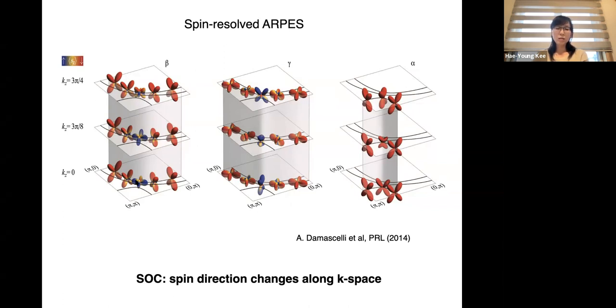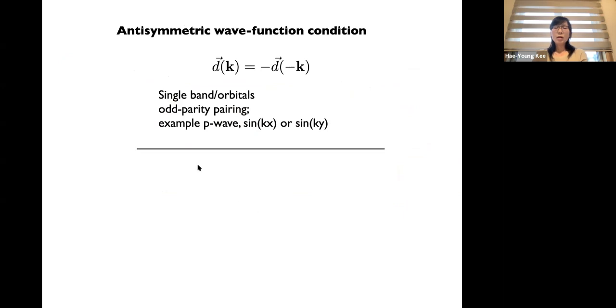The XY orbitals here are up spins, and you can see the XZ orbitals are down spins. So spin-orbit coupling in particular mixes the bands when three bands are nearby, which makes sense because it breaks the degeneracy where the bands meet each other. Okay, so as we discussed earlier, superconductivity requires an antisymmetric wave function.